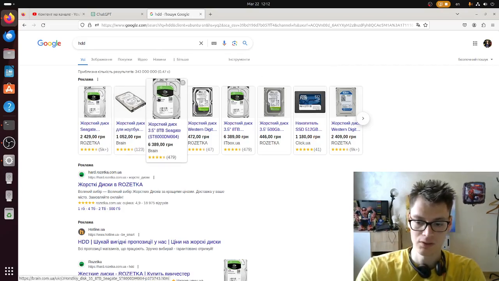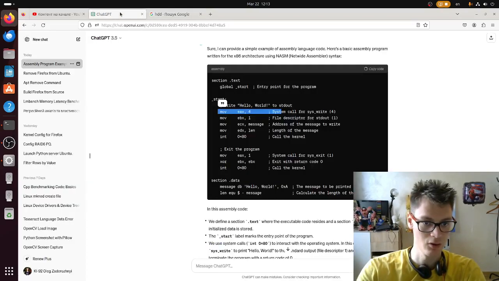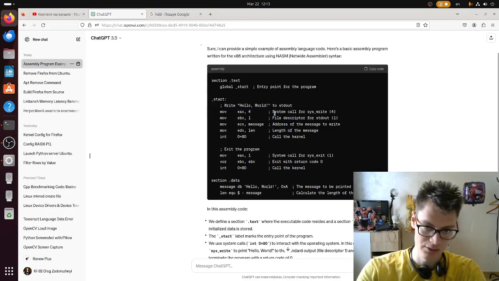Everything understands USB, and the same goes for SSD, HDD, and other stuff. They all connect somehow to our processor, and our processor somehow reads data.